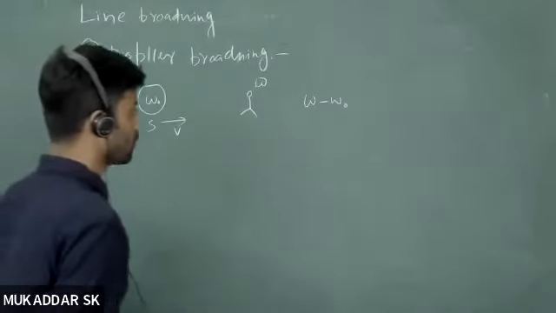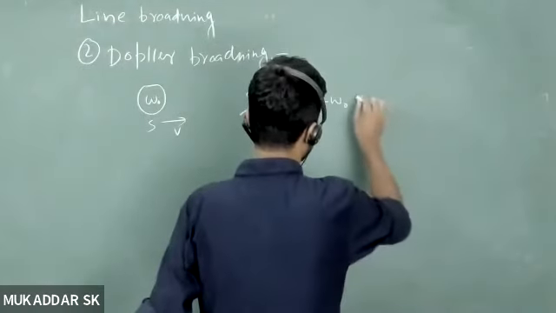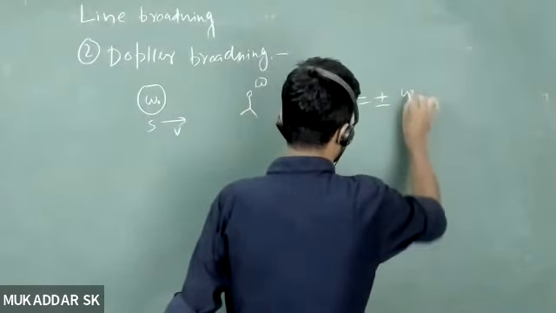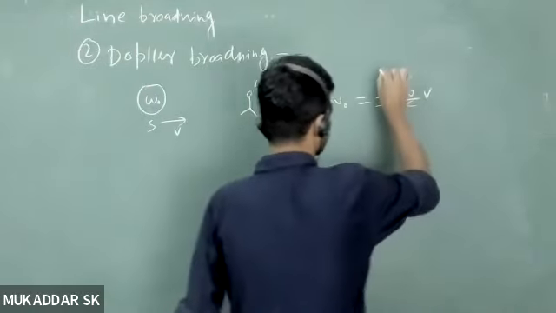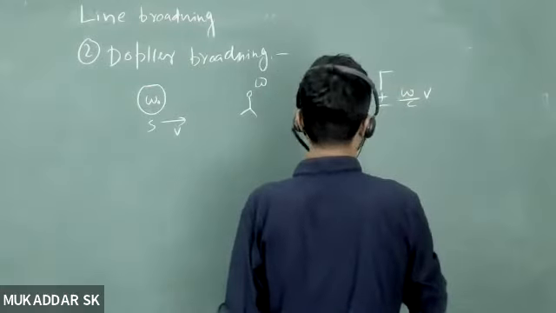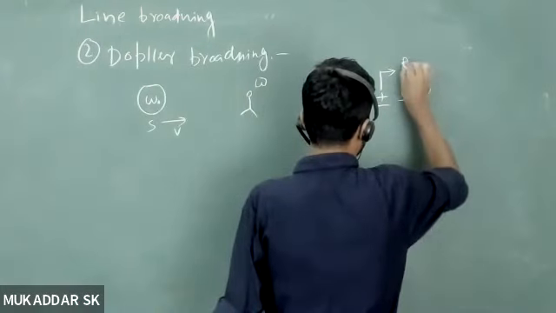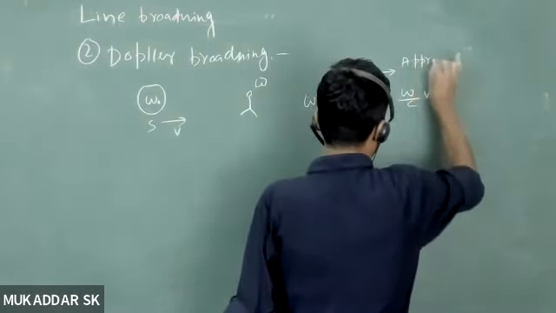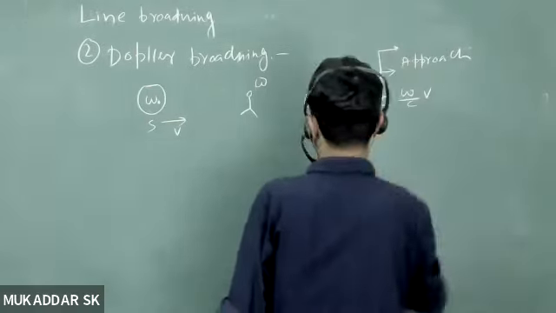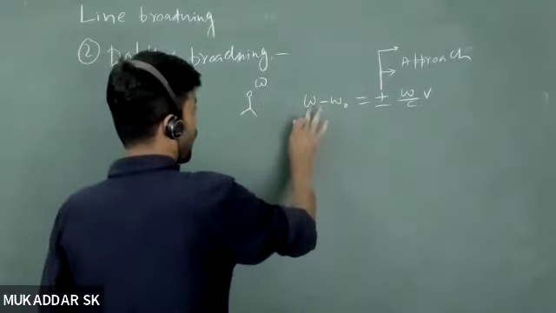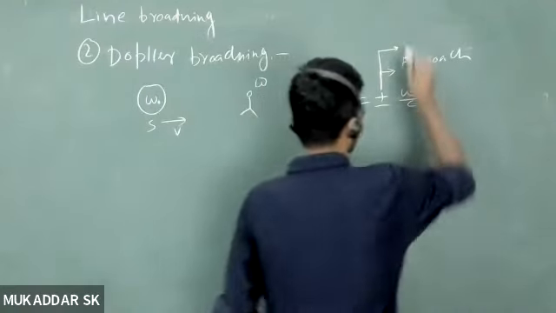So omega minus omega naught will be plus or minus omega by c into v. It is plus when the source approaches, and at that time the frequency observed by the observer will be higher as compared to its original frequency. This is known as blue shift.